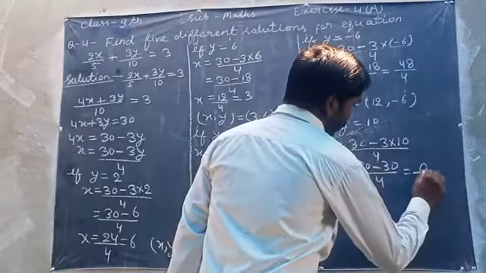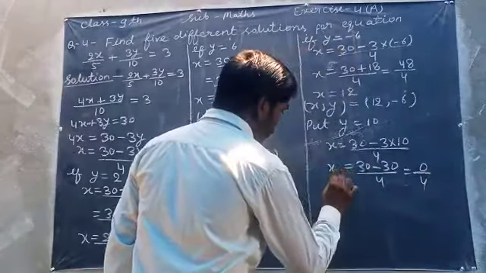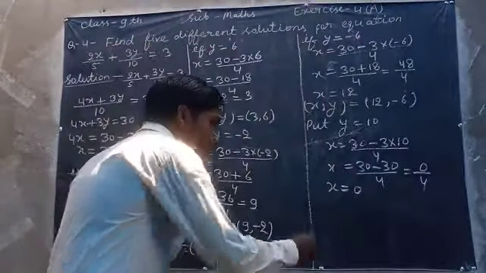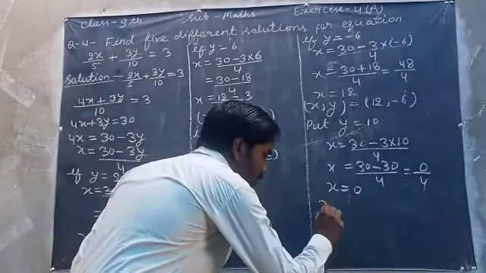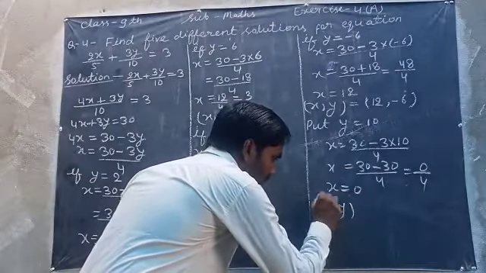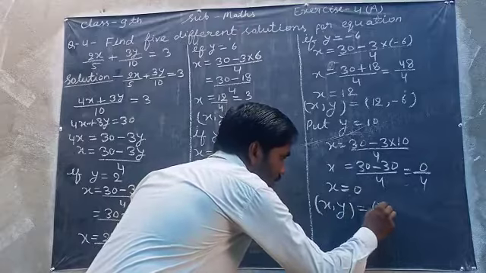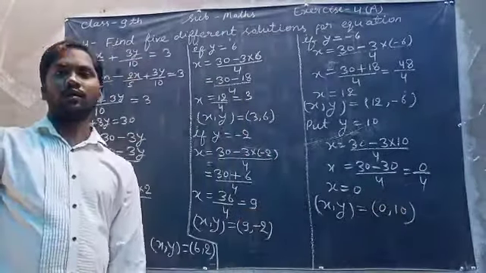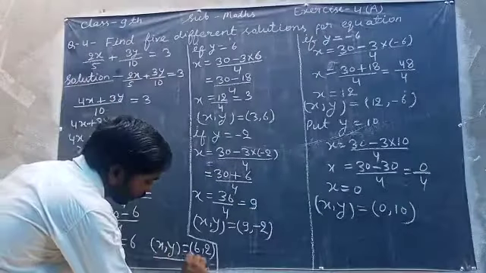So it will be 0 upon 4, which means 0. So in this case we got the value of x is equal to 0. So (x, y) is equal to (0, 10).